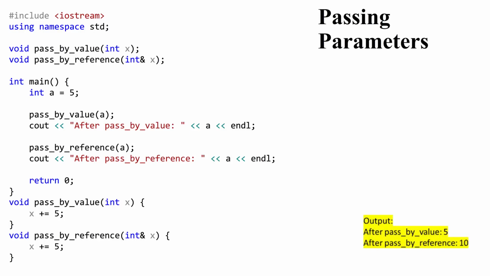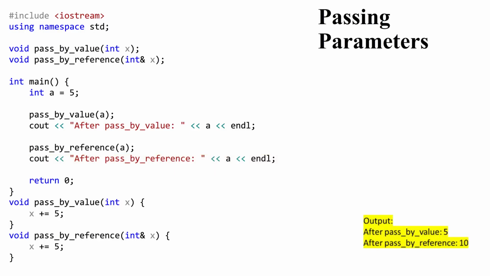After the function call, we see cout after pass by reference, the value in a, and endl. It prints the value of a after the pass by reference function call. The value of a has changed because the function directly modified the original variable.